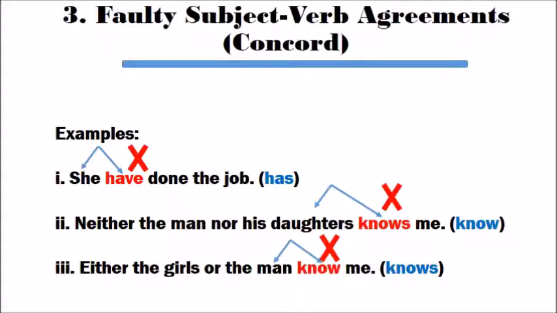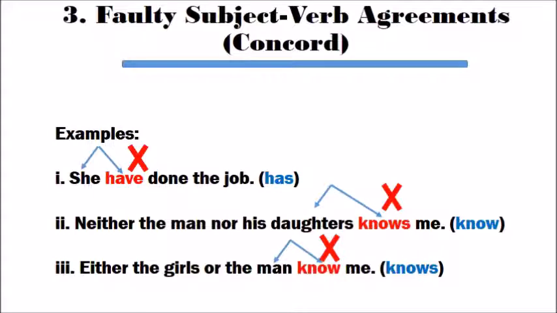So what we are saying is, if the subject, the performer in the sentence, or the element being described in the sentence, that's the subject, is singular, then the verb has to be singular. And if the subject is plural, then the verb has to be plural.